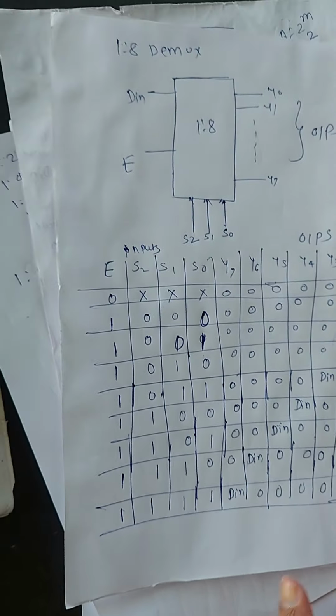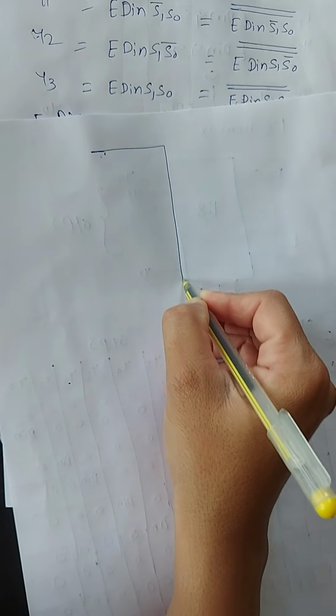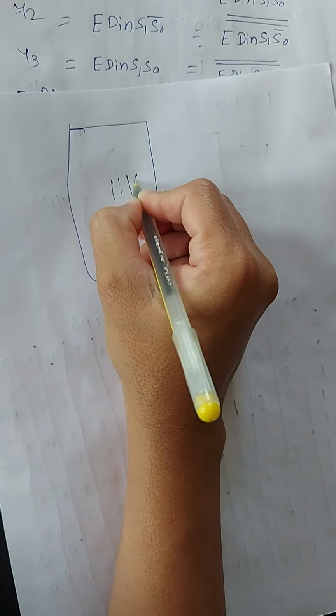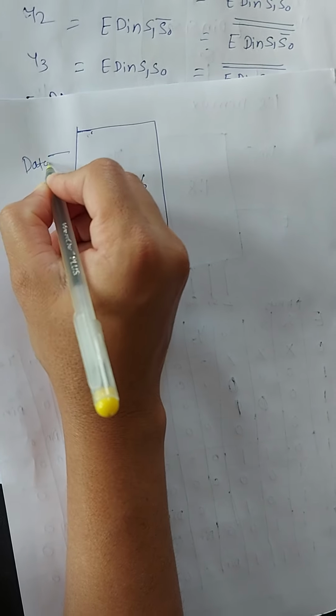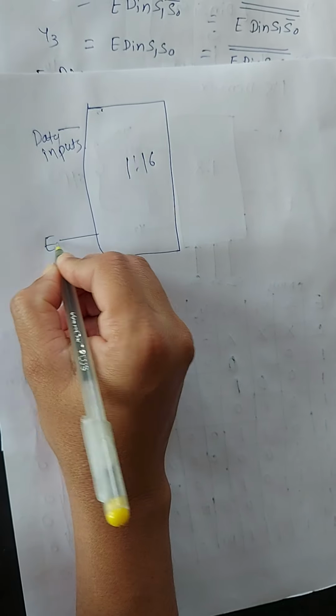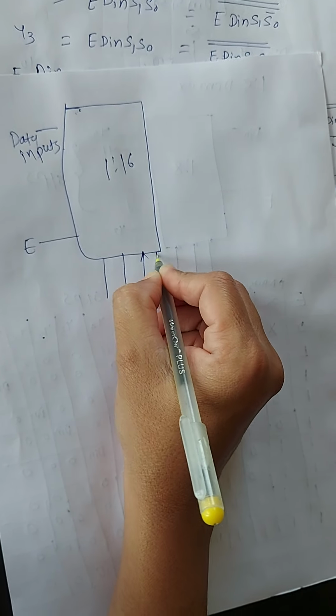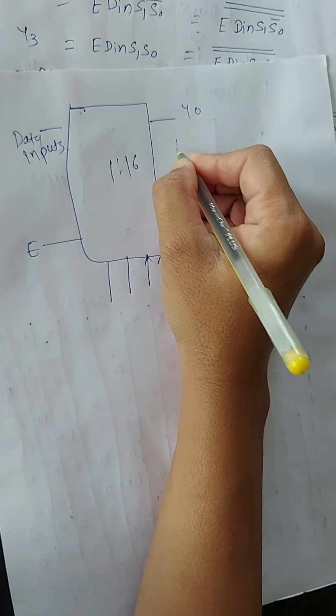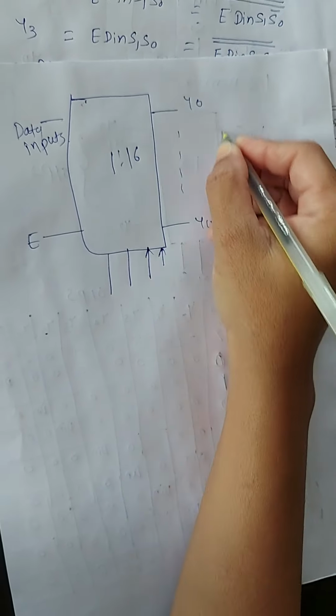And for the 1:16 demultiplexer, you require one data input, one enable, and outputs from Y0 up to Y15.